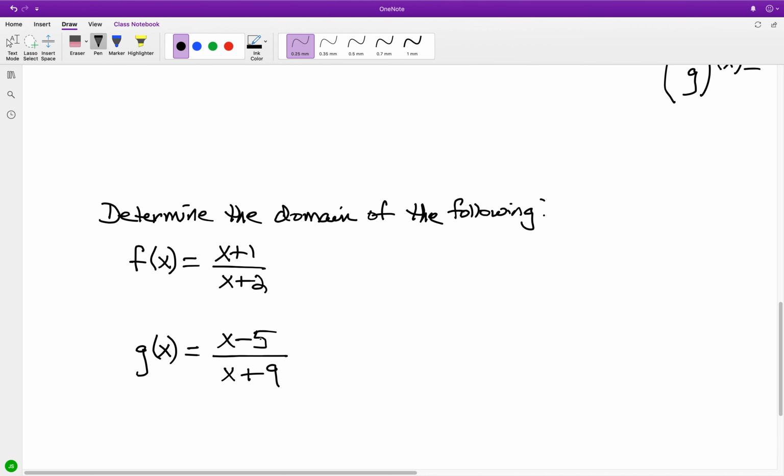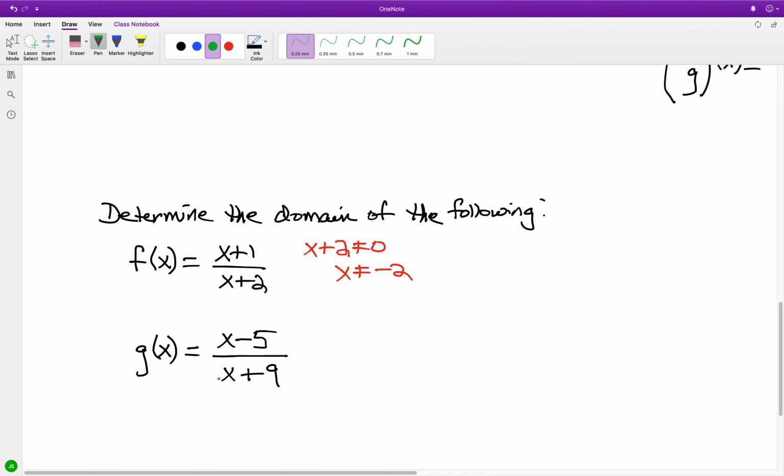Now, for f of x, you can have a 0 numerator as long as you do not have a 0 denominator. For this rational expression, x plus 2 cannot be 0, so x cannot be equal to negative 2.